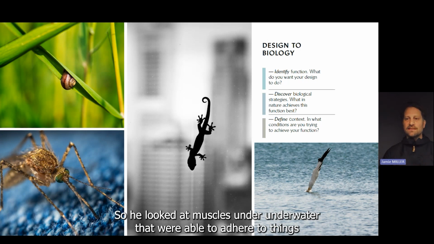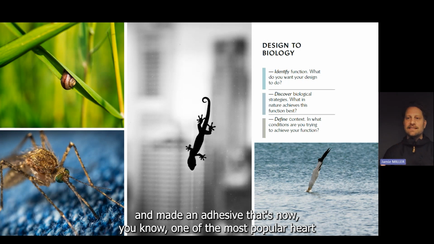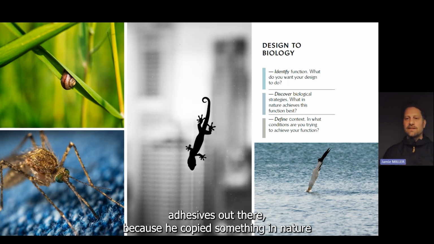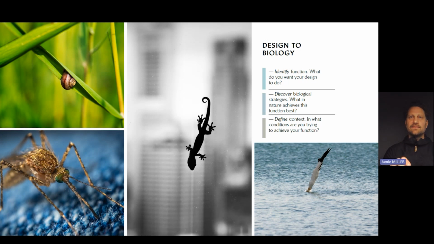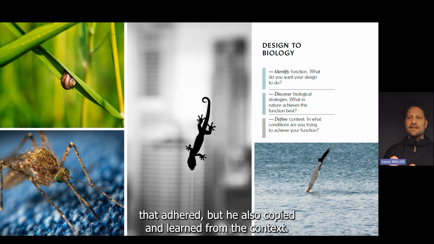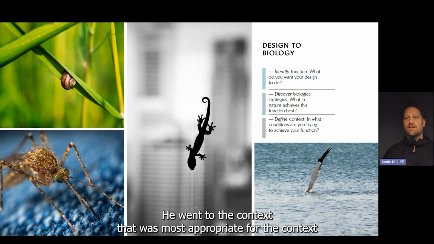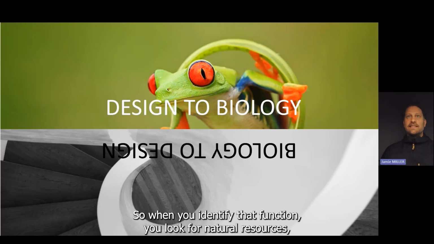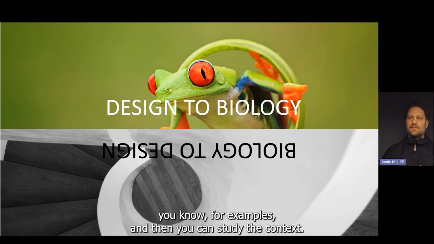So he looked at muscles underwater that were able to adhere to things, and made an adhesive that's now one of the most popular heart adhesives out there, because he copied something in nature that adhered, but he also copied and learned from the context. He went to the context that was most appropriate for the context he's dealing with. So when you identify that function, you look for natural resources, or examples, and then you can study the context.